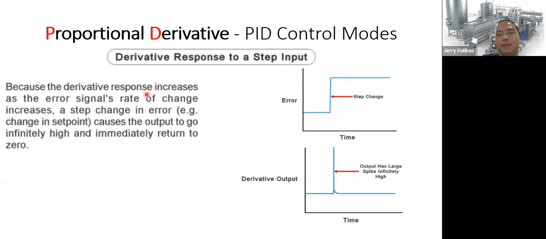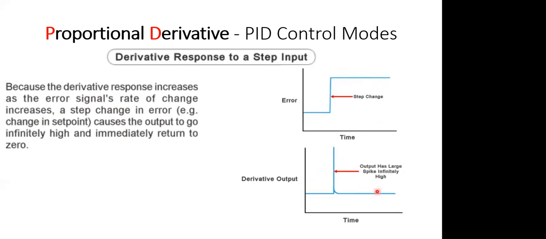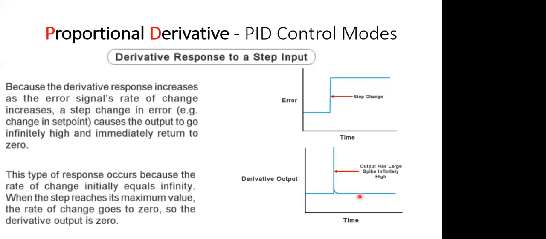Because the derivative response increases as the error signal's rate of change increases, the rise is sudden. A step change in the error causes the output to go infinitely high and immediately return to zero. After it rises, the error is constant. What is the derivative of a constant? It is zero. Okay?